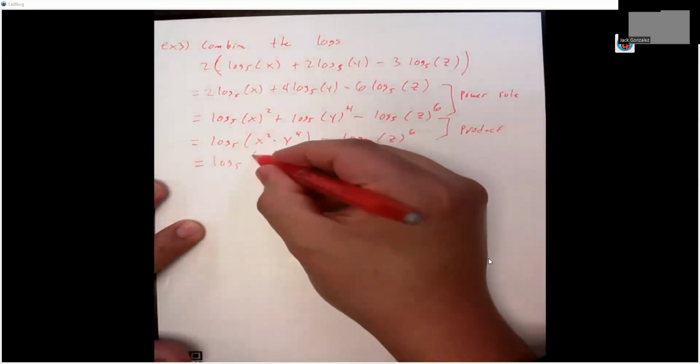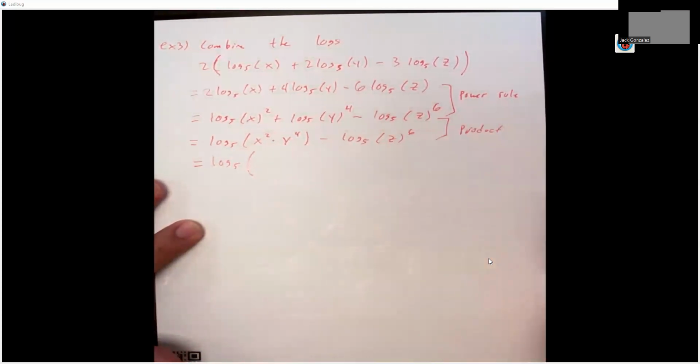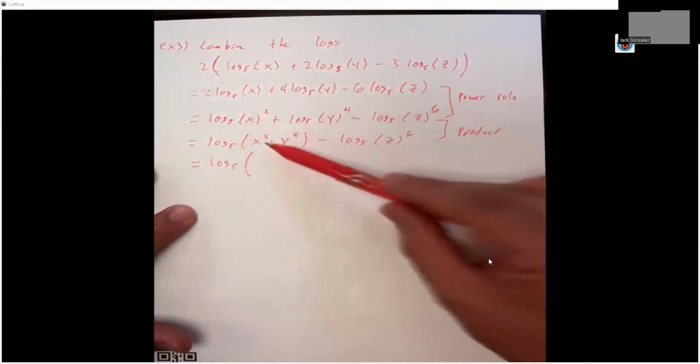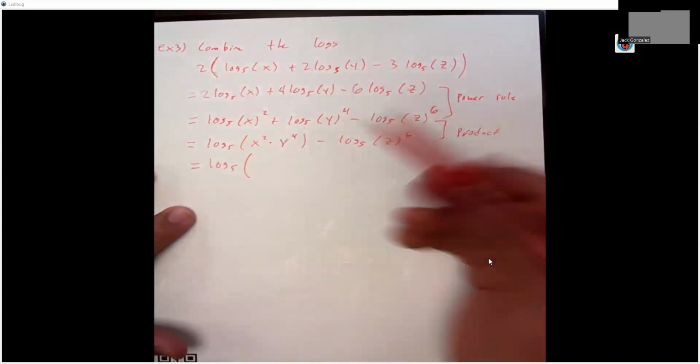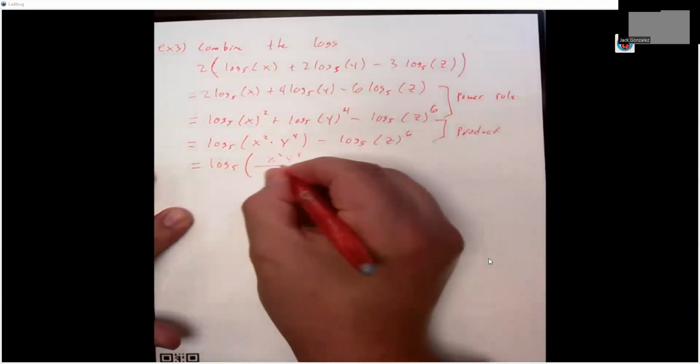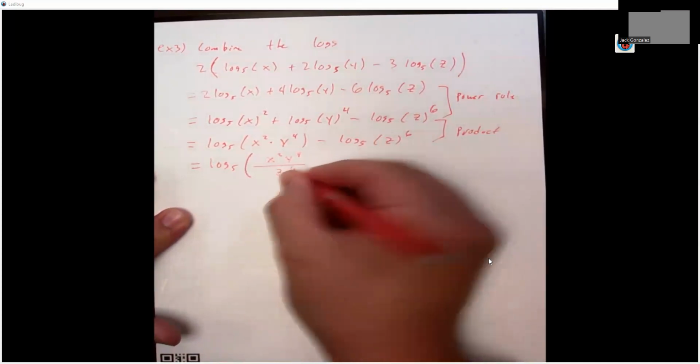Someone else have a question? So there's a y to the 4th, x squared, z to the 6th. So this will be on top. This will be on bottom.